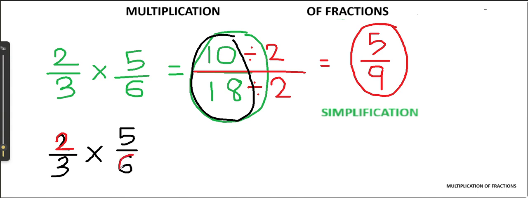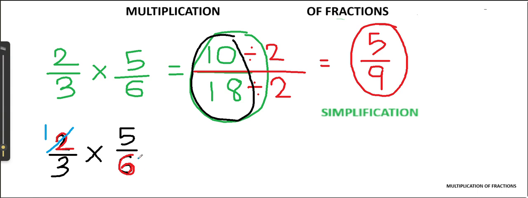But 2 and 6, this is actually divisible. We find 6 in the multiplication table of 2. That means 6 is divisible by 2. Now I'm going to simplify. I have a 2 in my mind because we are going to divide 2 and 6 by 2. 2 times 1 is equal to 2.